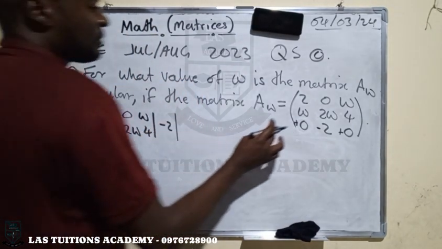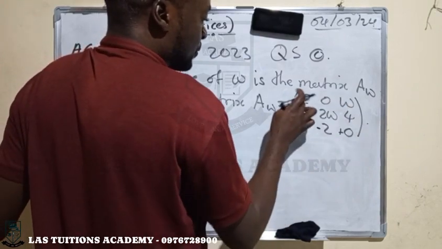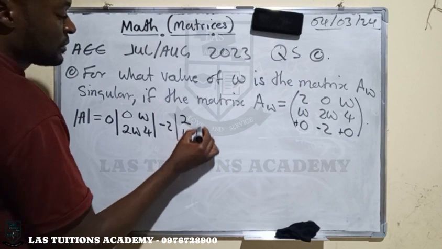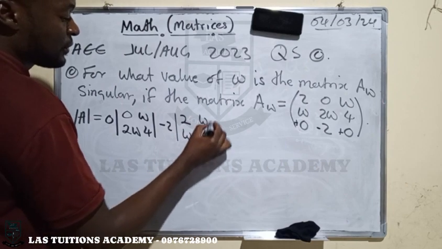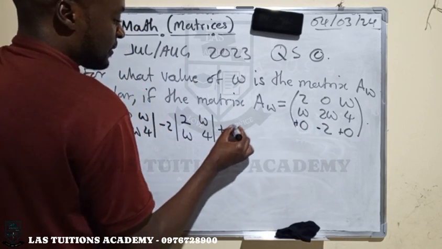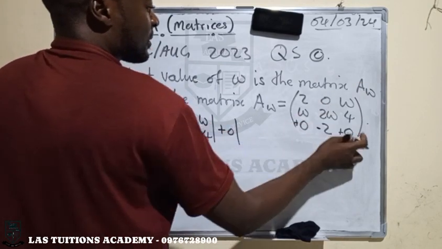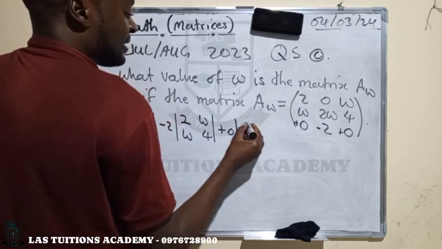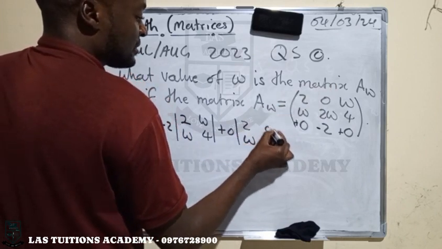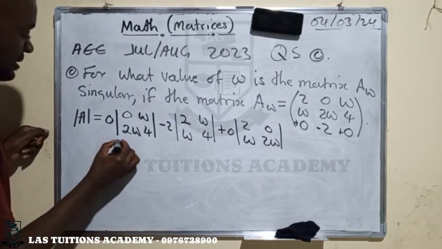Then we have 2, and then 4. Then finally we have that plus 0. When we lock this, we lock that, we have 2, this, 2, that, 0, like that.